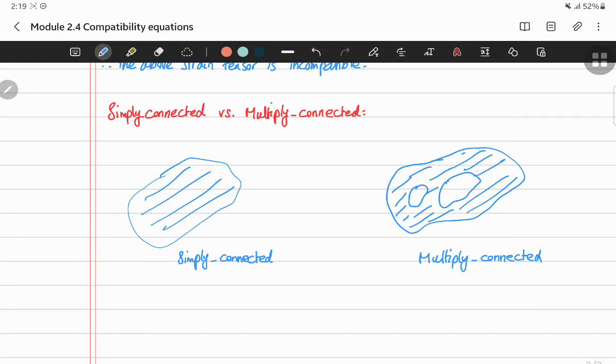But if you have a multiply connected domain and you want to shrink it, you can't do this without embracing the hole. So if you shrink this domain, you have to shrink it to something like this, which actually embraces the holes or the irregularities. Therefore, this is called a multiply connected domain.